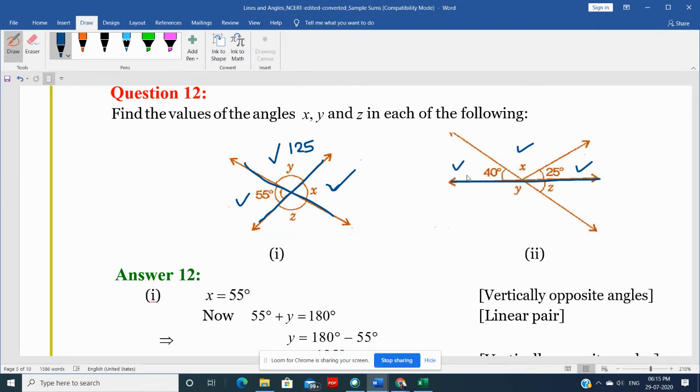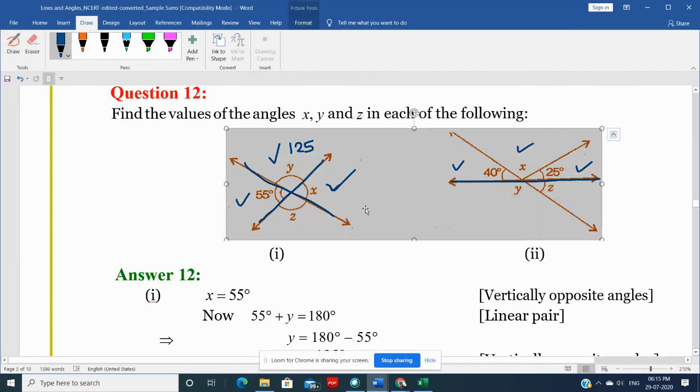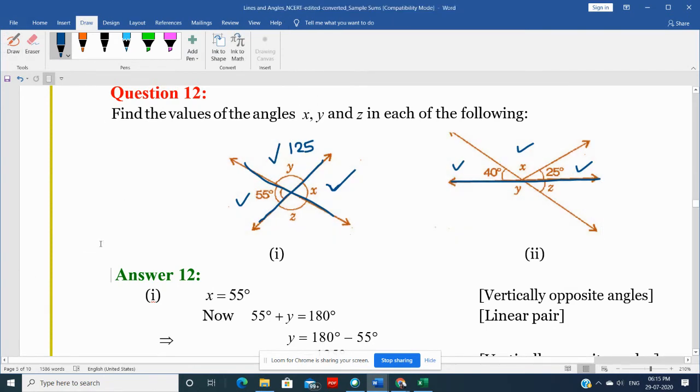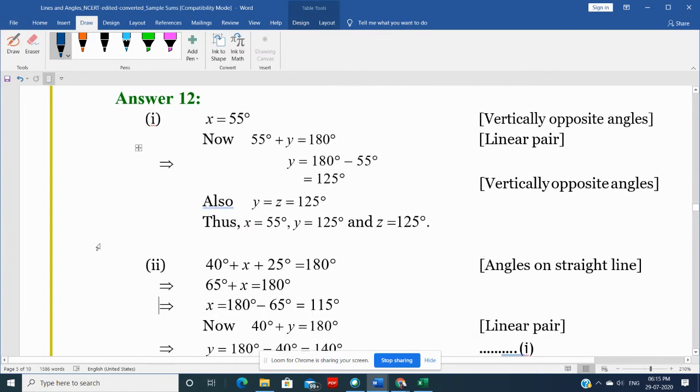When they sum up to 180, we can write down that 40 plus x plus 25 is equal to 180. So let's see how to write. 40 plus x plus 25 is equal to 180. The reason being angles on a straight line, or three of them are making a linear pair.